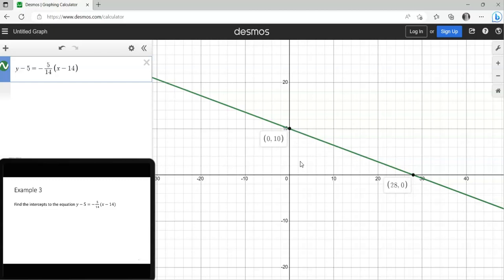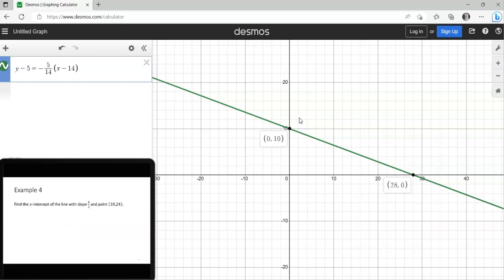So I can see that as far as the intercepts go, the y-intercept is going to occur when y is equal to 10, and the x-intercept is going to occur when x is 28. Okay, and so those were the two intercepts.